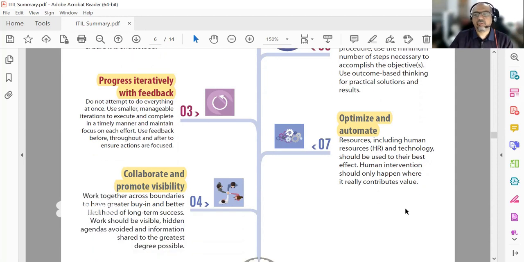Then we will automate as much as we can. So this will reduce human errors. This will improve customer satisfaction. This will give humans time to focus on the creative side of services, the personal interaction with the customer. So we will optimize and automate.